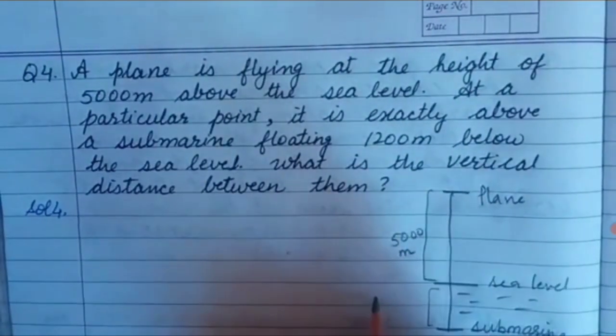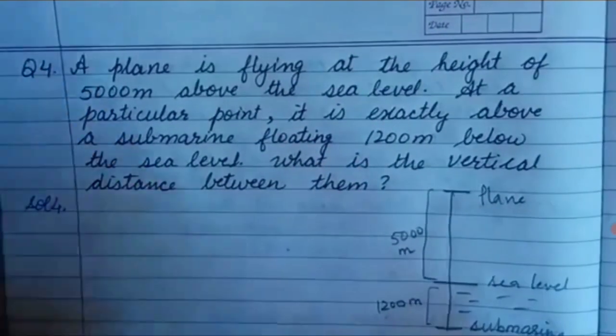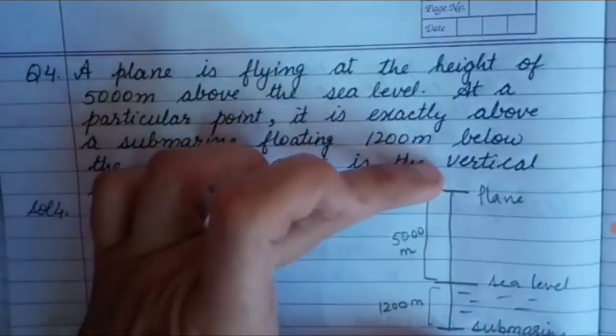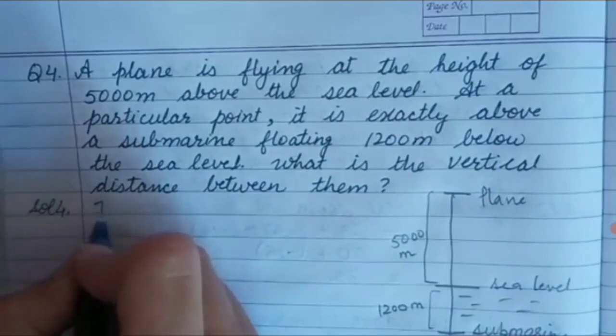The submarine is floating at 1200 meters below the sea level, and we have to find the vertical distance between the plane and the submarine.